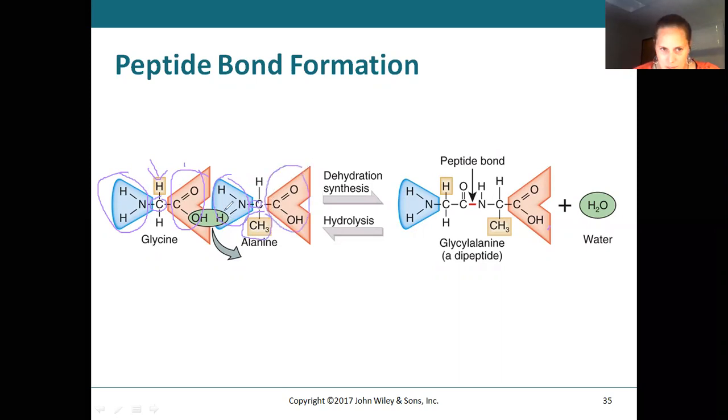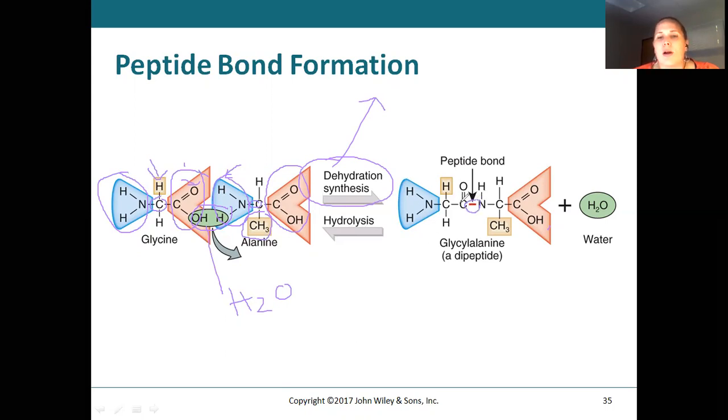You'll notice that the carboxyl and the amino groups join here, and you're losing water, H2O. We know from lecture 2 that this is a dehydration synthesis when you lose water, right? And the loss of water allows you to create what's called a peptide bond between those two amino acids.